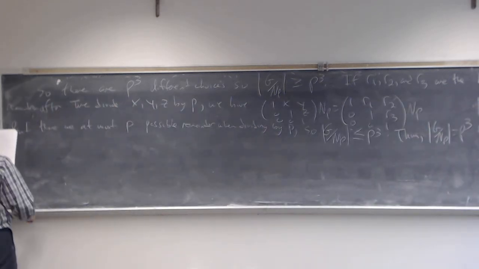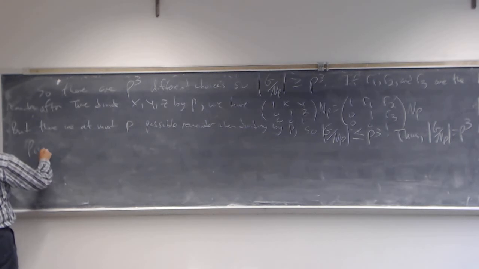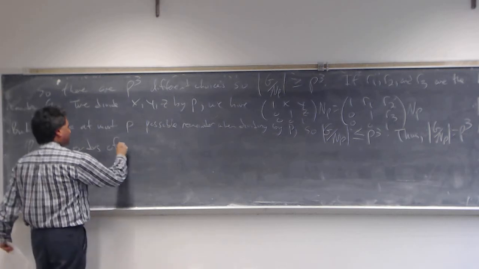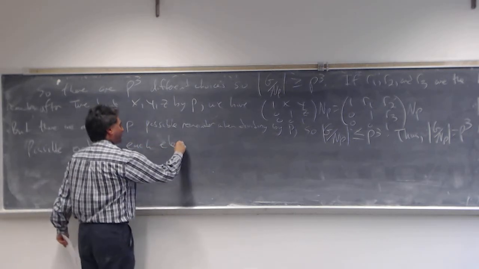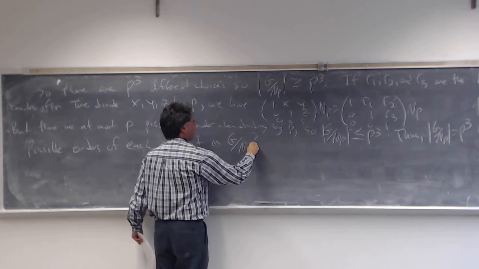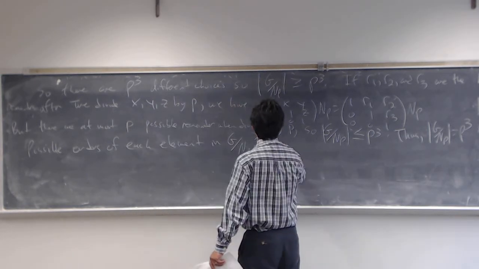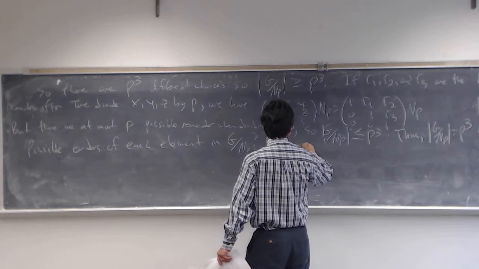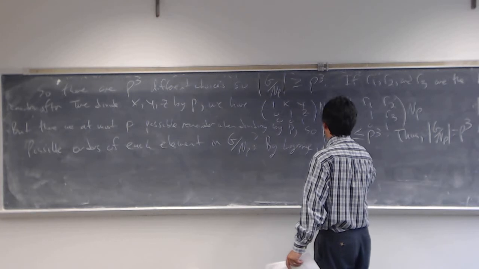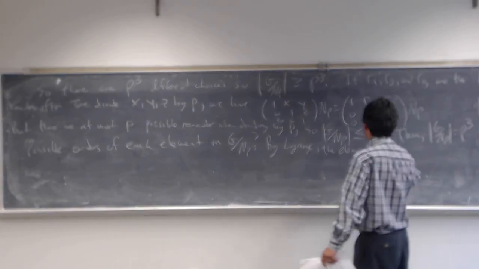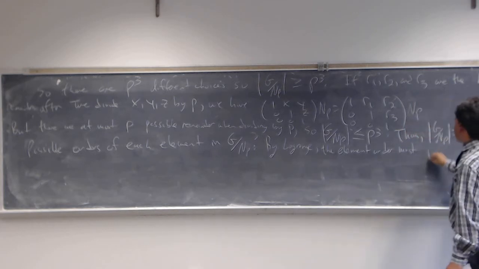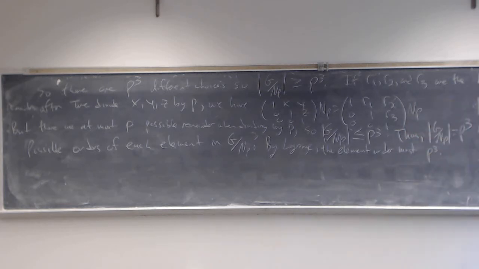So let's look at the possible orders of each element in this factor group. Well, by Lagrange, the order must divide the order of the group, which in this case is p cubed.